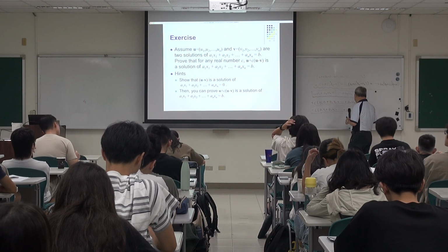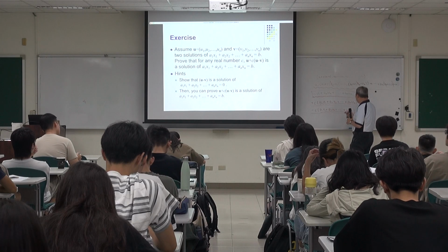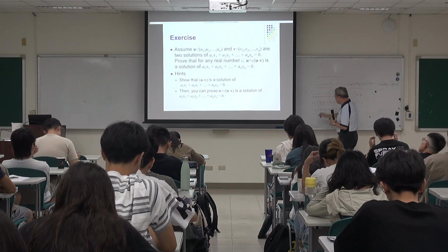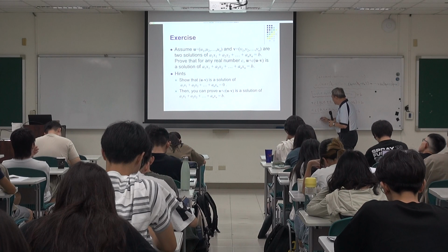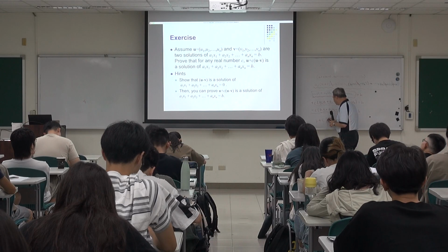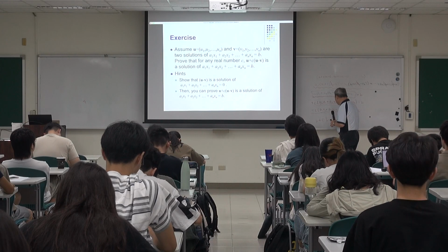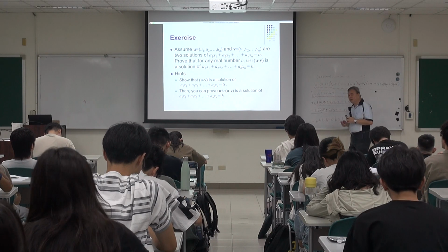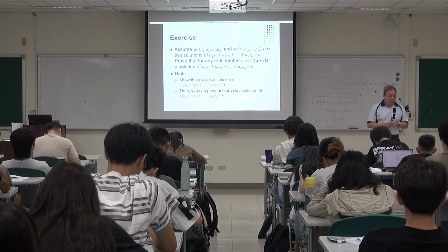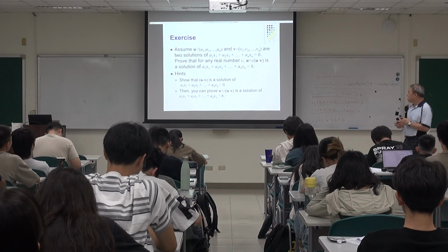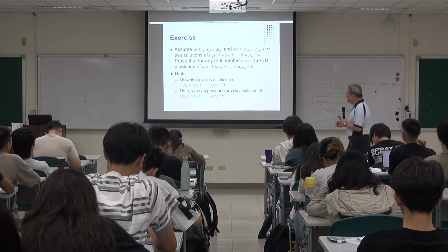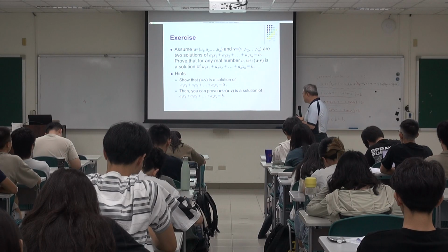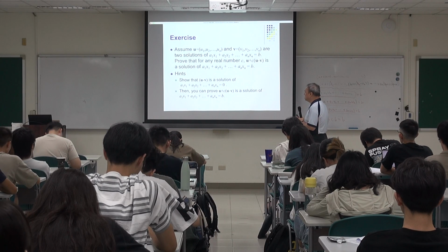This one is b. So eventually it becomes b plus c times b minus c times b. So we know this thing, U plus C times (U minus V), is indeed a solution of this linear equation.